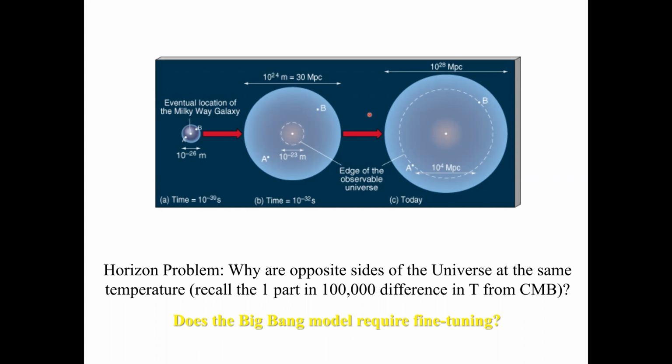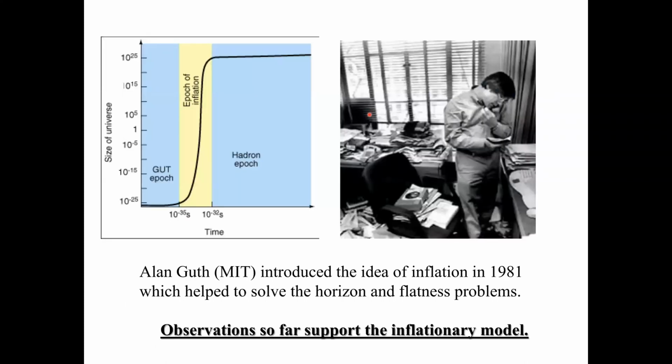As a result, a scientist called Alan Guth from MIT introduced this era of the inflationary universe, which he believes happened after the Big Bang, from 10 to the power minus 35 seconds up to 10 to the power minus 32 seconds.